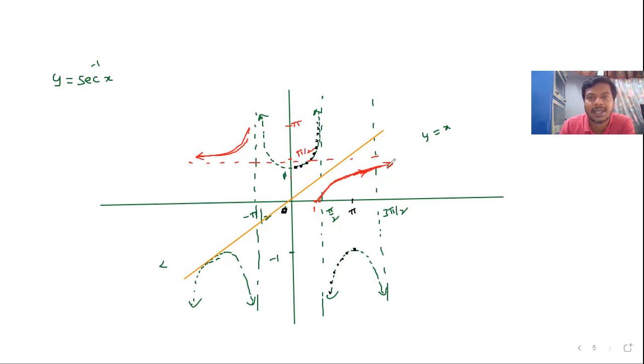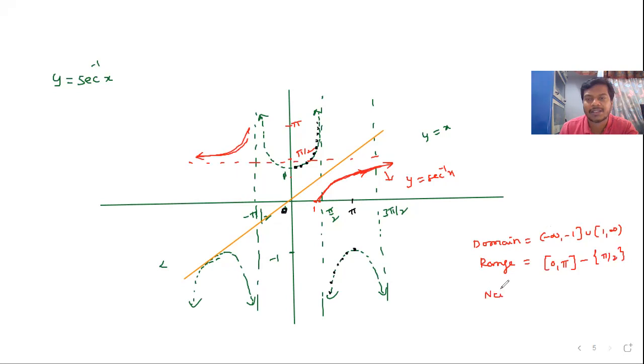Therefore, this red colored graph represents the graph of secant inverse of x. Its domain and range I am going to write. What is the domain of this function? From minus infinity to minus 1, union 1 to infinity, clearly from the figure. And the range of the function is closed 0 to pi except pi by 2.